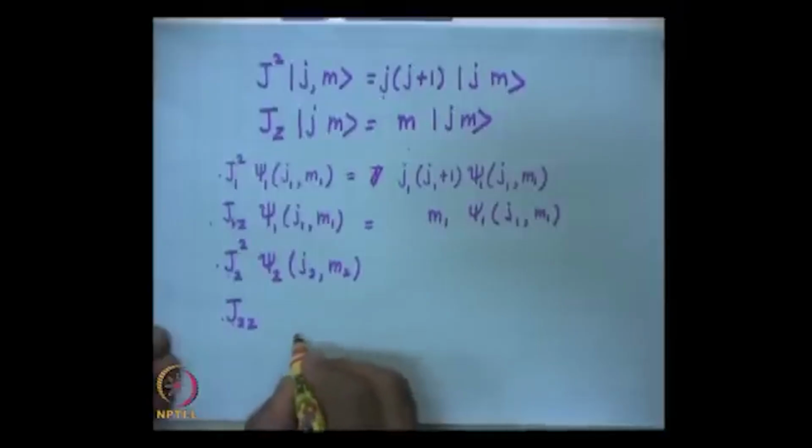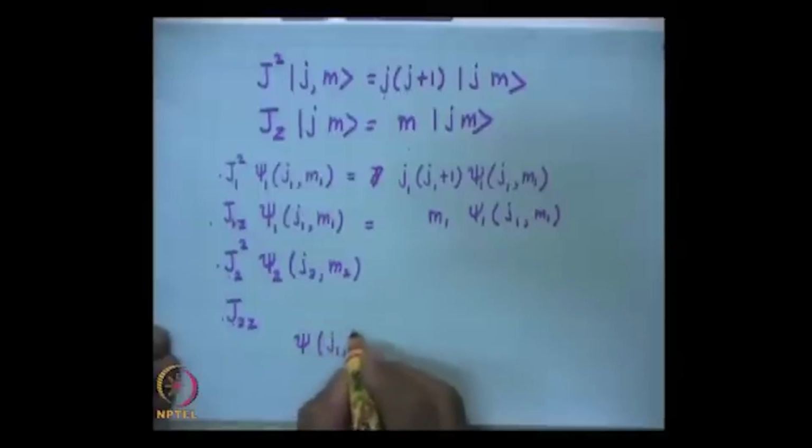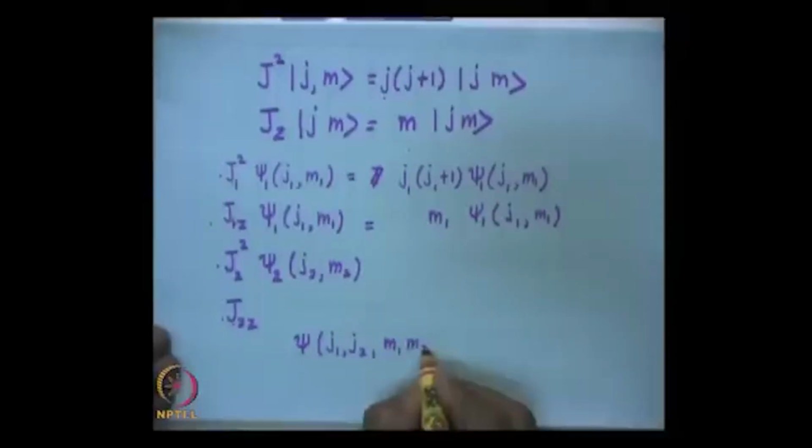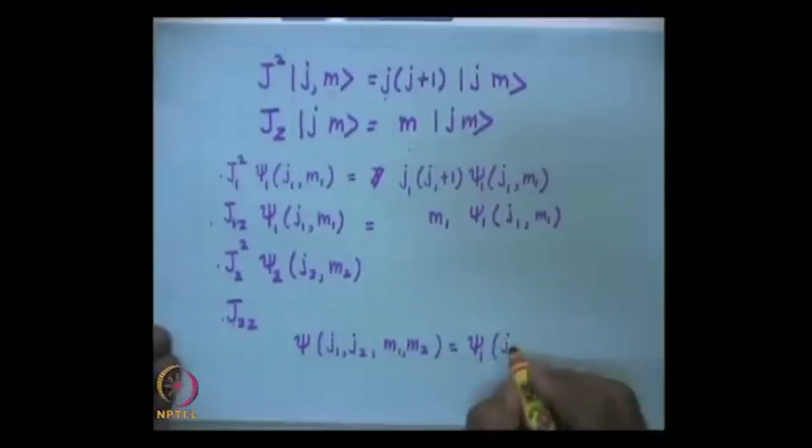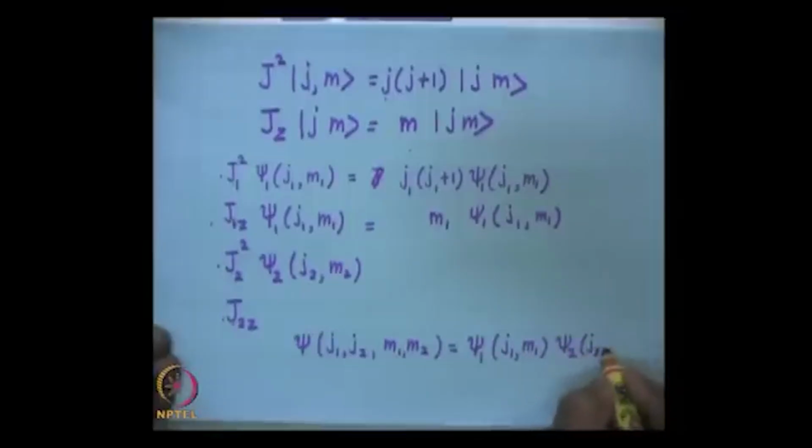So, I write this as psi J1 J2 M1 M2, which is really a product of the two wave functions psi 1 J1 M1 psi 2 J2 M2.